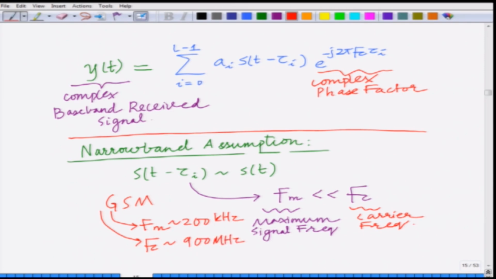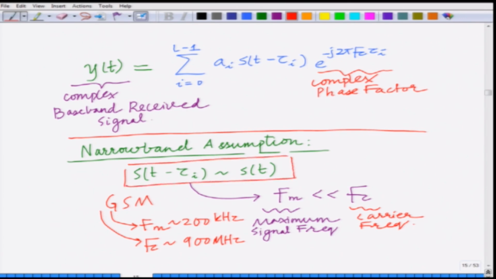Therefore, the maximum frequency of the signal is much lower than the carrier frequency, and one can employ the narrow band assumption in this case, where we approximate S of t minus tau I, that is the delayed baseband signal, as approximately equal to S of t.